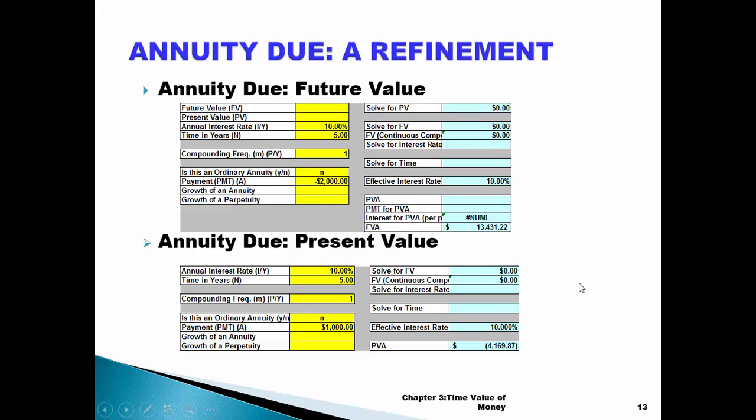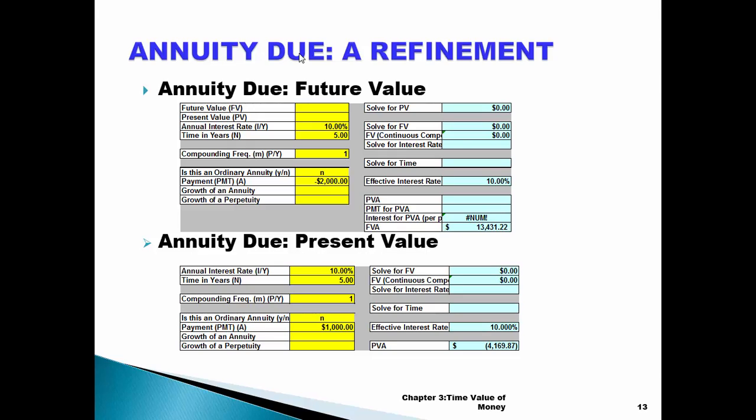We also have to talk about this distinction between when cash flows occur. When you invest, typically you invest today and move forward from there. What that requires us is have a definition of a type of an annuity. An annuity due is when the payment starts today rather than at the end of the period.